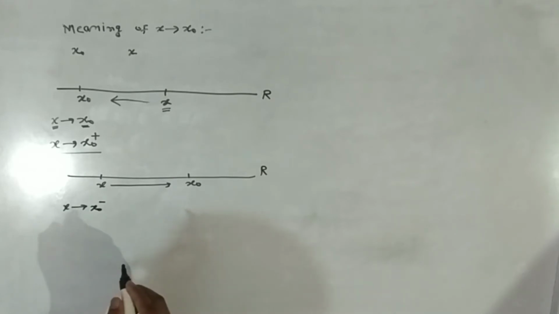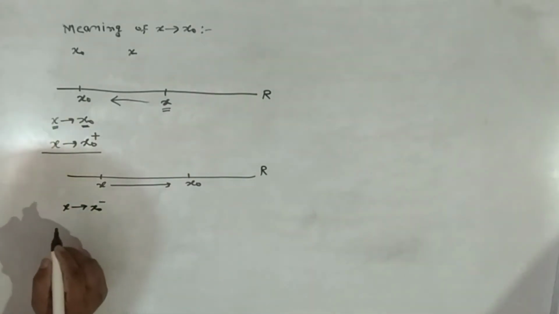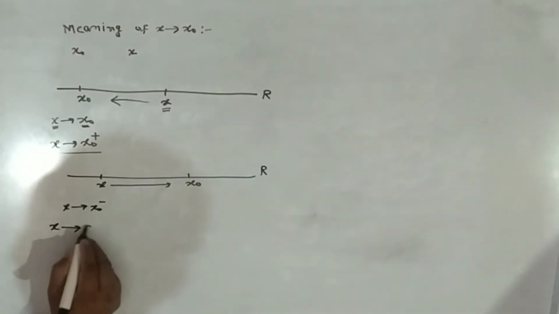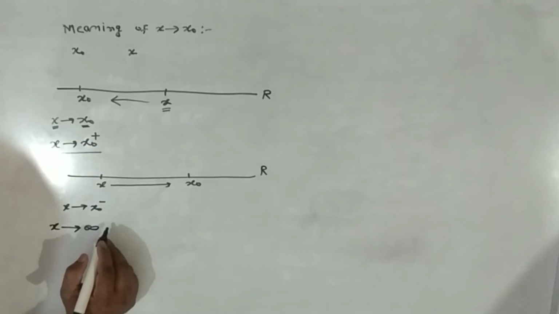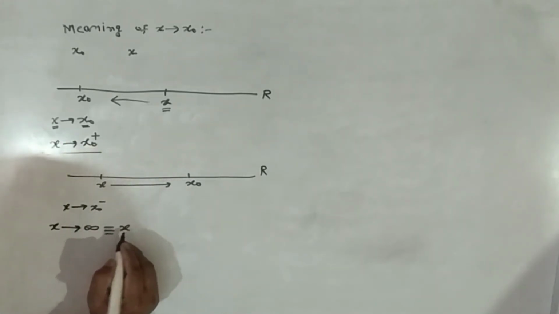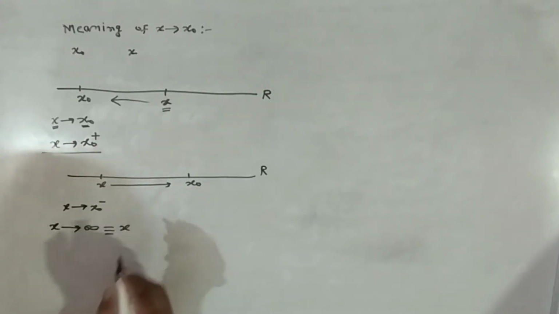Now x tends to infinity is identically equal to x increases without bound.